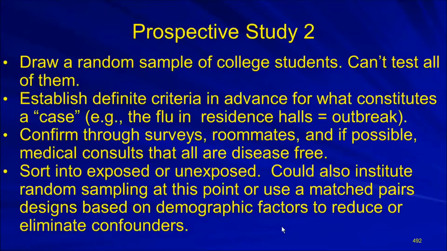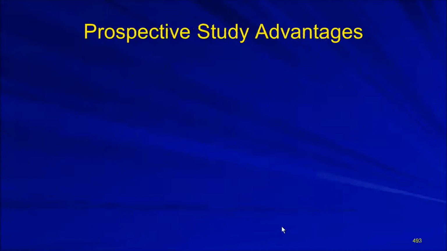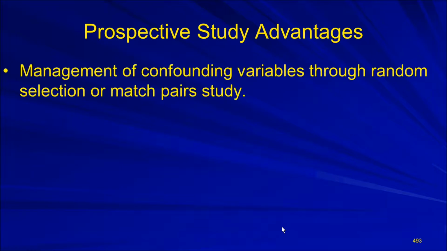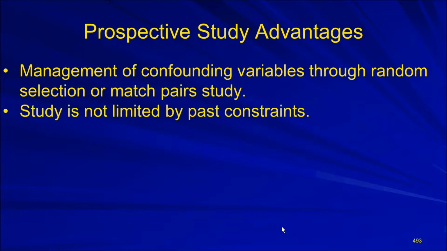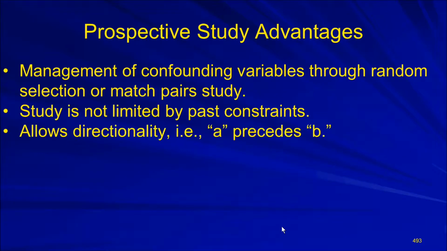Okay, let's proceed. Prospective study advantages: management of confounding variables, random selection, or matched pairs study, and I'll show you that in a few minutes. The study is not limited by past constraints and allows directionality, but it's not a cause and effect study. It is not a cause and effect study. Okay?